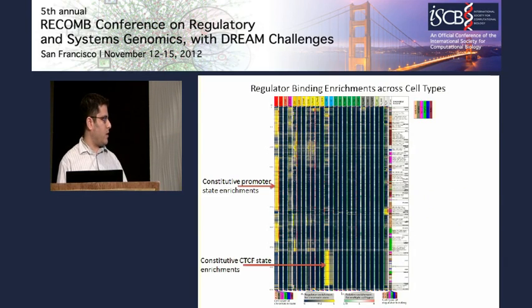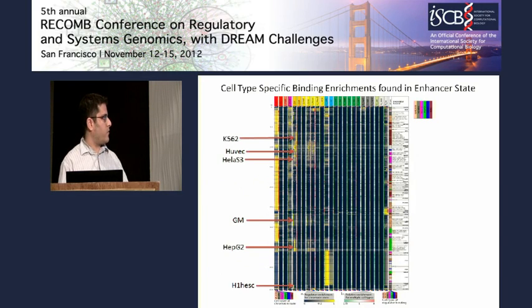And you can see here these general features, such as the promoter state being constitutively enriched for the regulators, as well as experiments associated with this CTCF insulator state. While the enhancer states can have very cell type specific enhancer enrichments matching the cell type in which the regulator experiment was conducted.